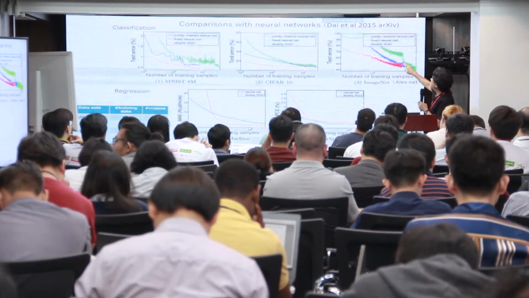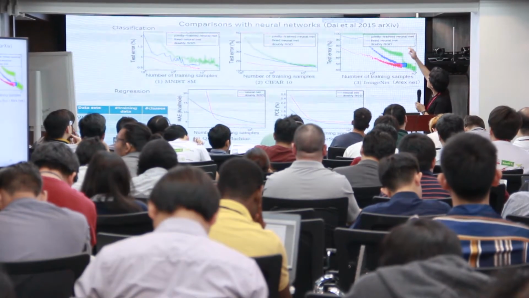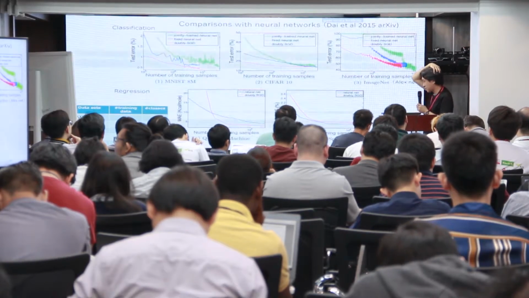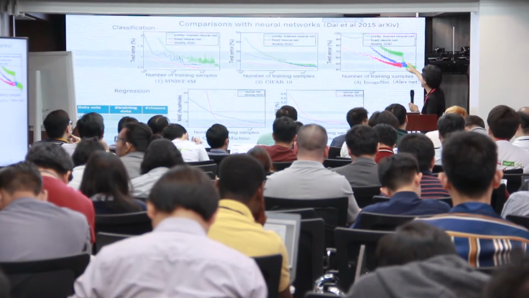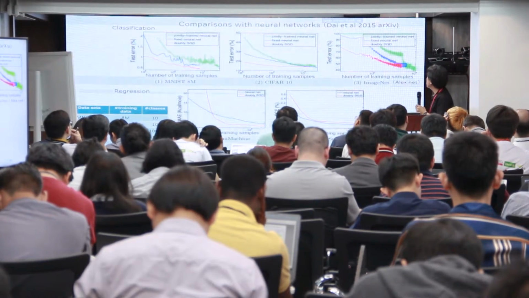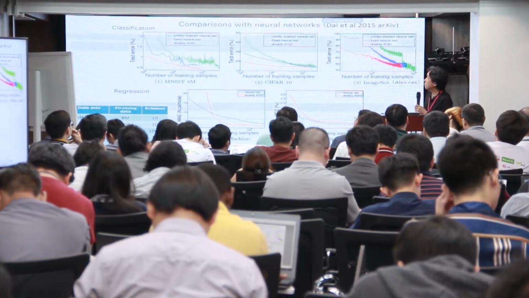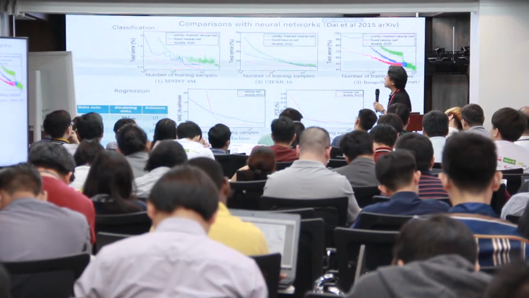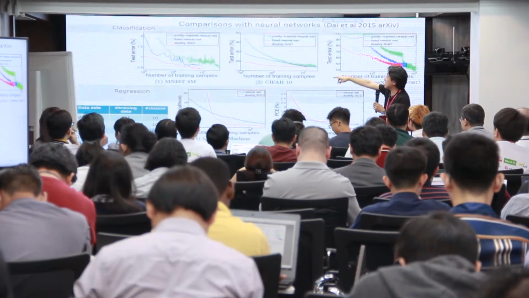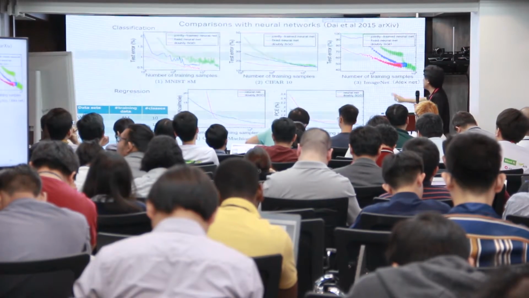And the blue one is neural network. And the green one is actually, I don't remember correctly, but the jointly trained neural network. Sorry, I don't remember this one. But basically, the green ones show worse results, so I skipped this one. And compare the red one and the blue one. The red one is their proposal for kernel method. The 3 top figures show the classification tasks like MNIST, CIFAR10, and ImageNet.